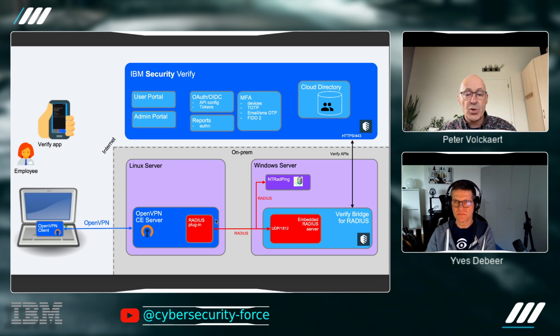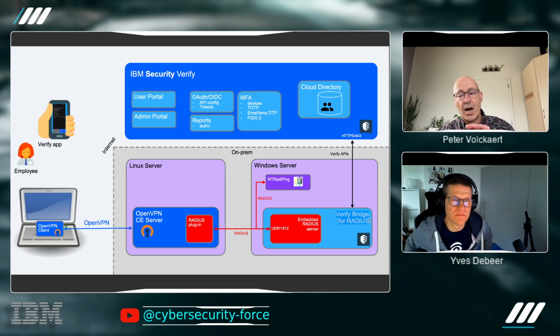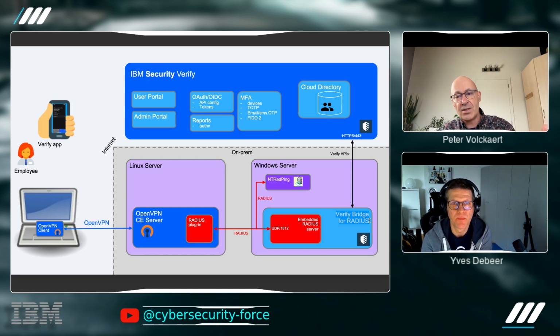So hence, what do we have? The OpenVPN server equipped with a RADIUS plugin is talking to what is shown here as the Verify bridge for RADIUS. That's an IBM component, which will allow you to capture the RADIUS requests and then translate that to multi-factor authentication as a service through our SaaS solution, which is here on top in the blue box, IBM Security Verify.